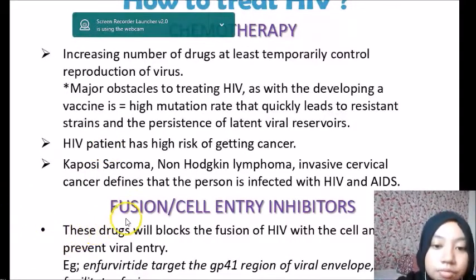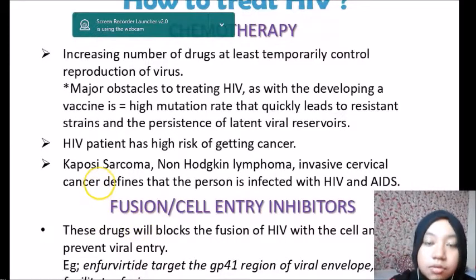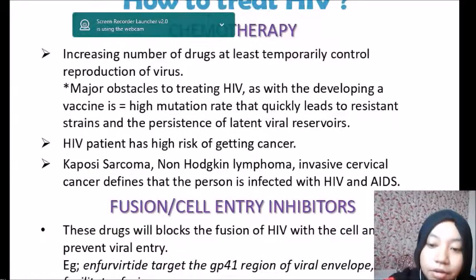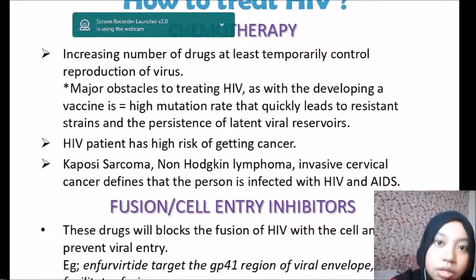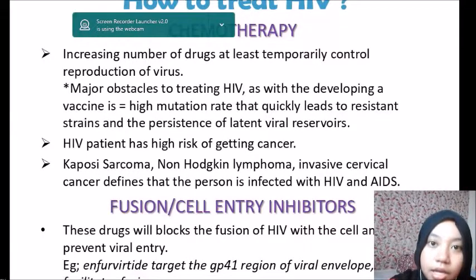Next one is fusion and cell entry inhibitors. This drug will block the fusion of the HIV virus with the cell and prevent viral entry into the cell. As we learned before, HIV enters the host cell via two things, a receptor and a co-receptor. The receptor is the CD4 receptor on the immune cells, CD4 T cells.